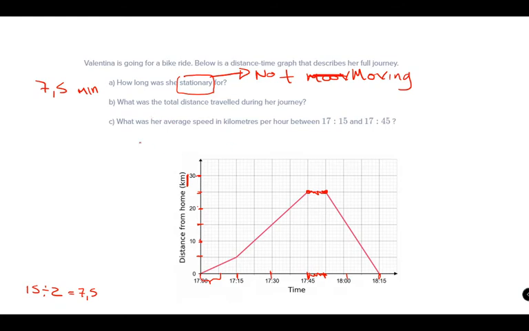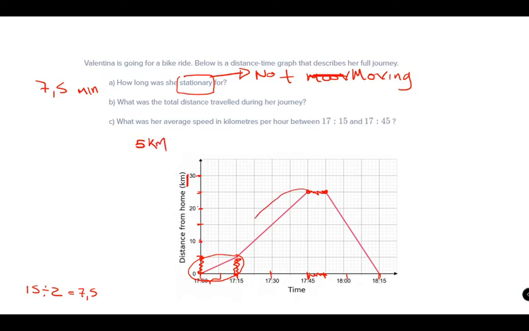Now, point 2. What was the total distance traveled during her journey? That means going and going back. So let's count each of the sections, how much distance she made. So in this section, what was the distance? This from 0 to 5, so 5 kilometers.